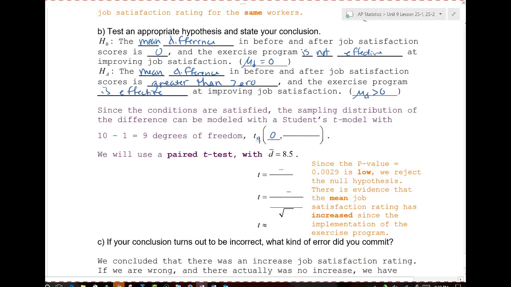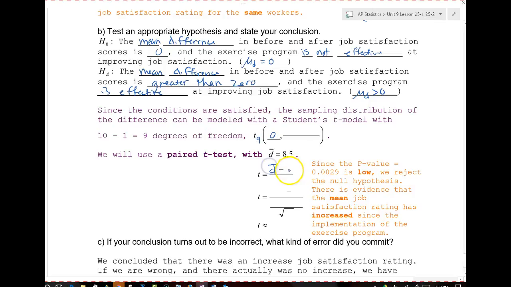So we're going to use a paired t-test with this, or you can say a one sample t-test for the mean of differences. That's the other way you could say that. We know d bar, our mean of the differences, is 8.5, so we put it in here. We said our delta naught was 0. Let's just do what our formula is first.